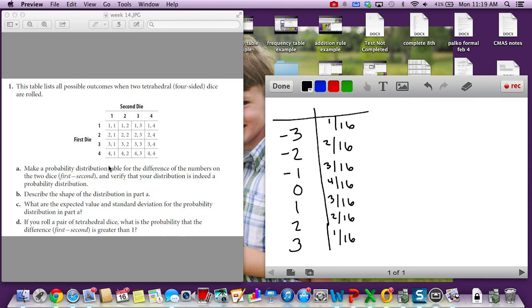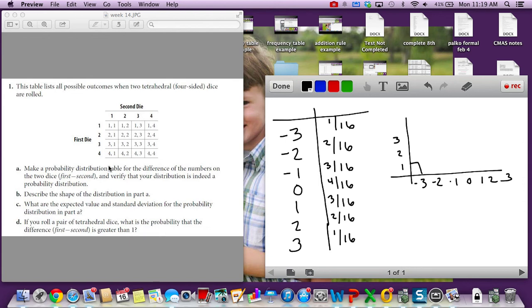So then it says, describe the shape of the distribution. This shape is normally distributed because if you take a look here, you have -3, -2, -1, 0, 1, 2, 3.